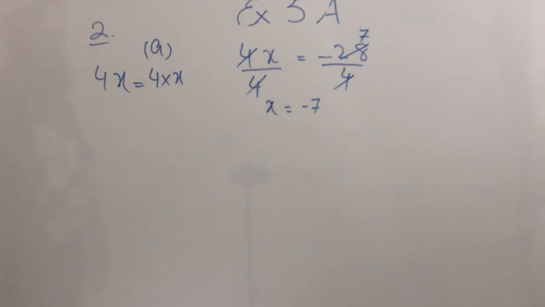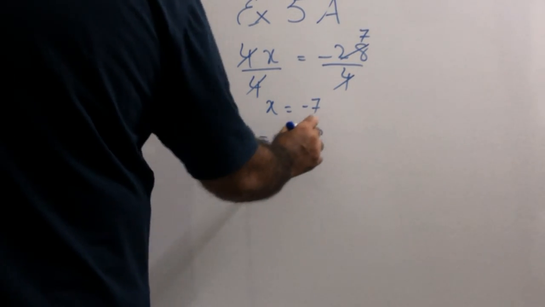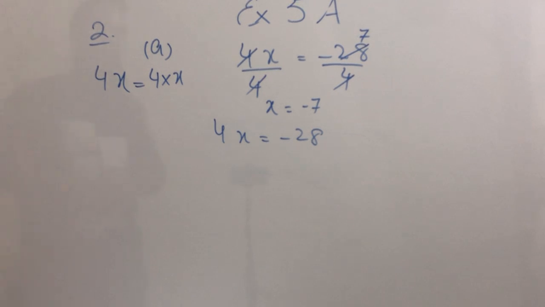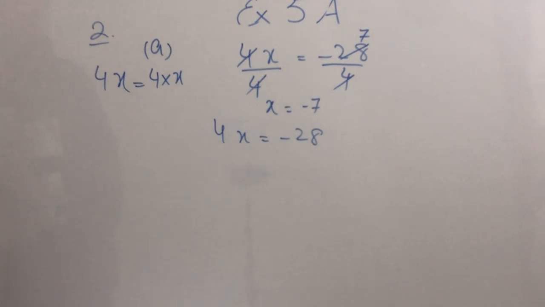This is the solution of the equation as well. So I'll repeat that the given question was 4x is equal to minus 28, and we were asked to find the value of x. For that we thought that we only need x on the left side, we don't need 4 with the x.